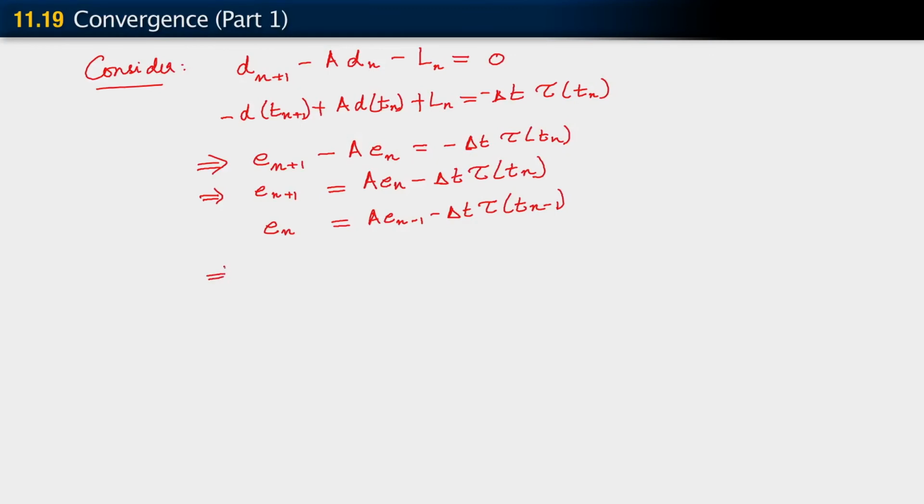But what that implies, on substituting E^n as written here in that expression, is that E at n+1 equals A squared E at n-1 minus A to the power 0 delta t tau at t^n, minus A to the power 1 delta t tau at t^{n-1}. I just realized that here it is just t^n.